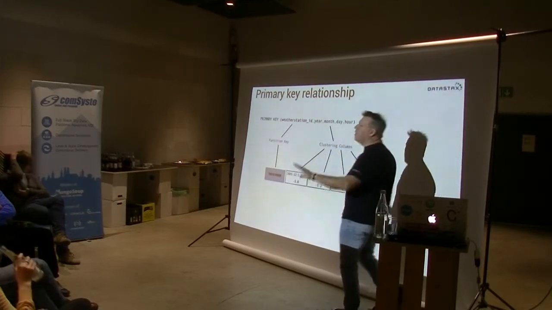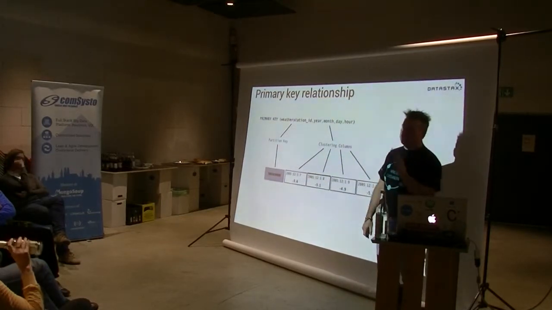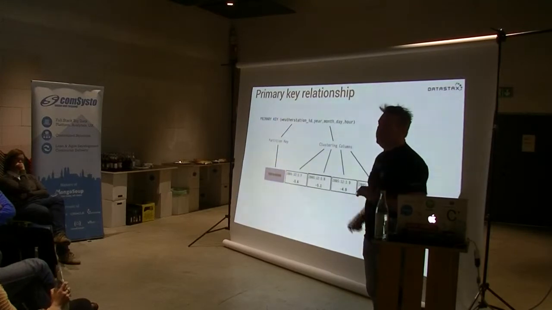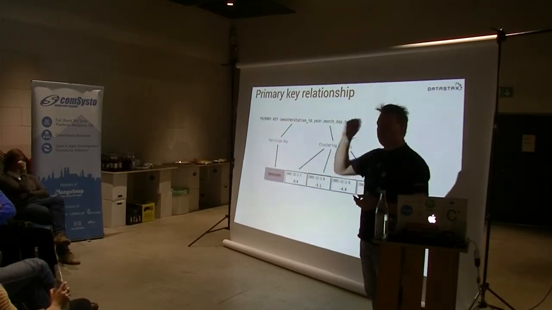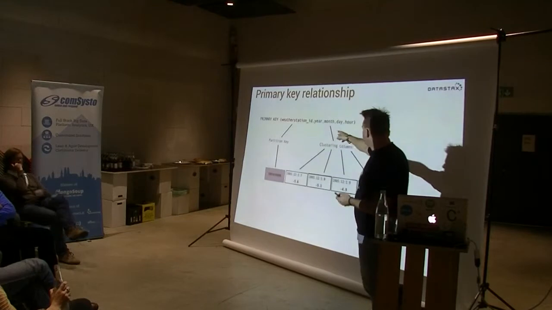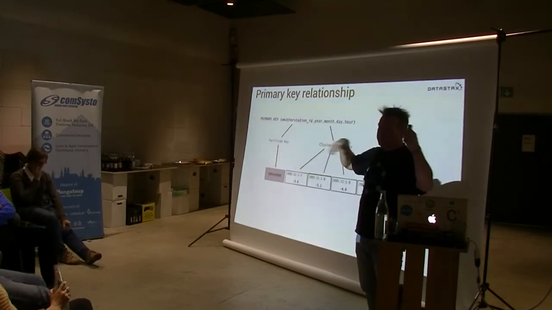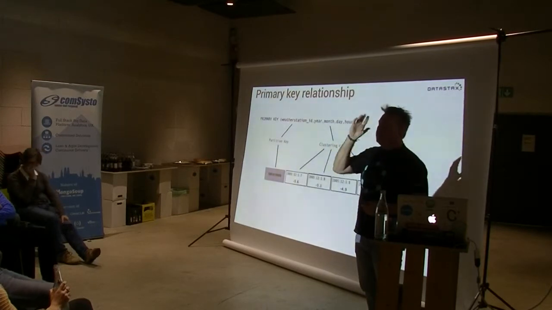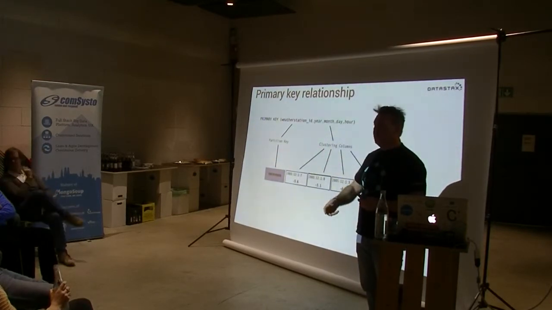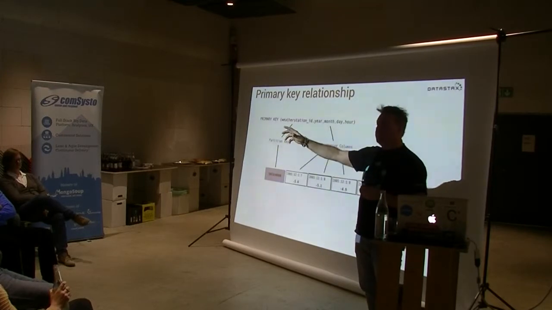Without getting too far into the write model, I'll give you the simple tour of how writes work in Cassandra. A single write, like a weather station with that one blip of data that has my temperature and my year, month, day, and my weather station ID, will get sent to a Cassandra server. It's written to a commit log immediately. Then it's put into a mem table.